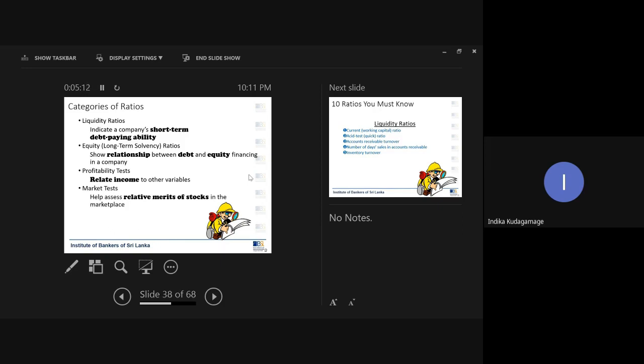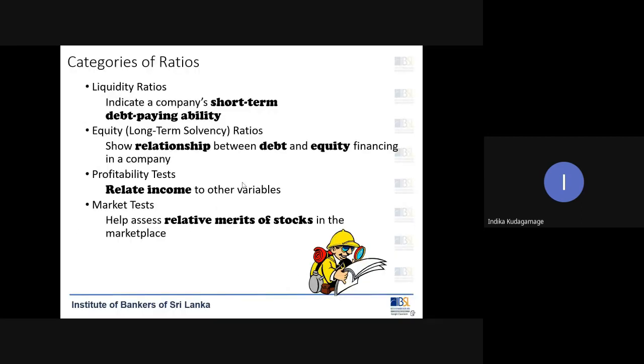Whether prices are good, what future prices would look like, what is the difference between the market price and the price earning. So we will look at those things.